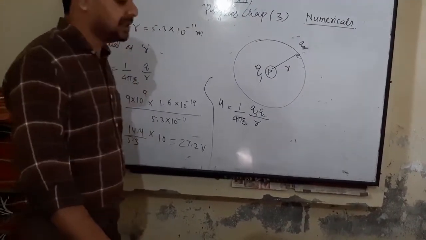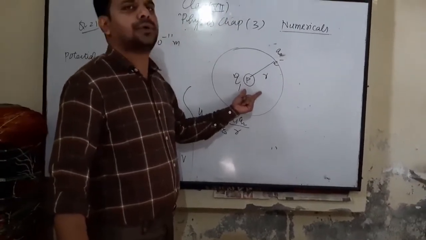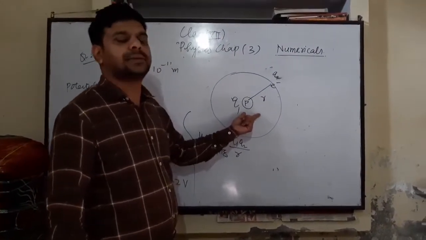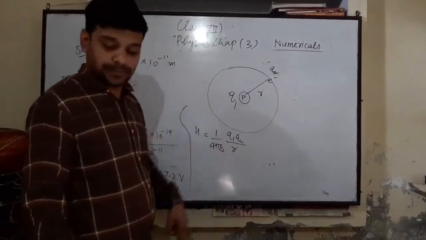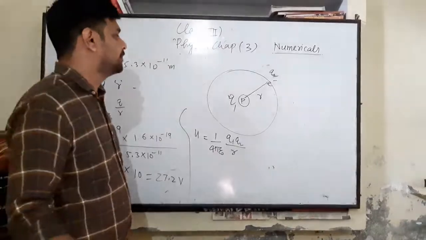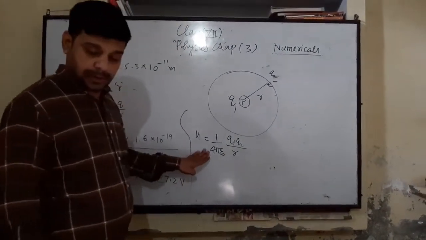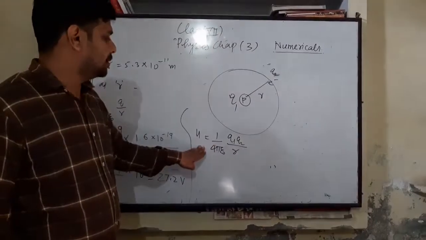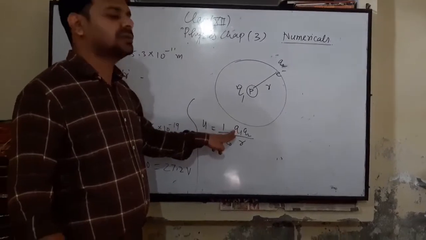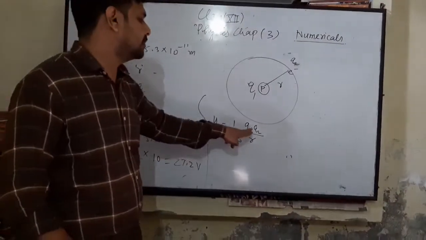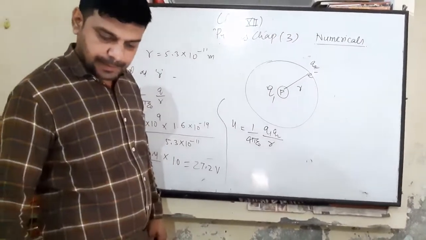In a helium nucleus there are two protons, so place Q as 3.2 into 10 to the power minus 19 coulomb, and calculate it.